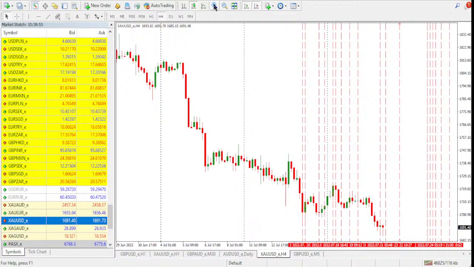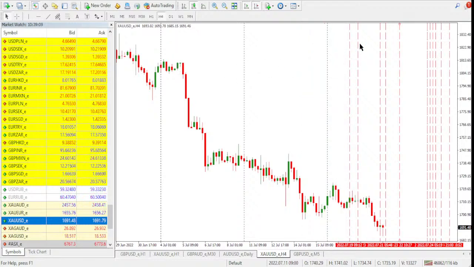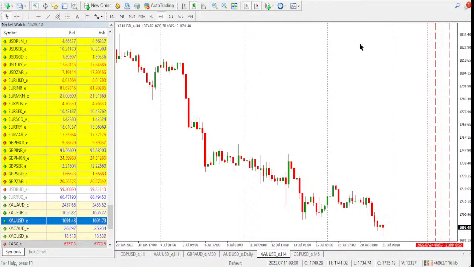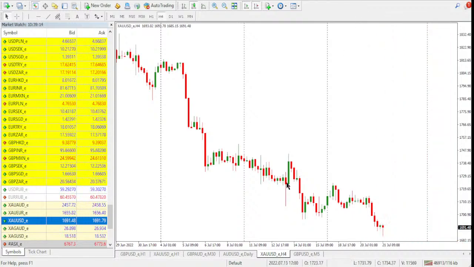On gold so far the price has been bearish.